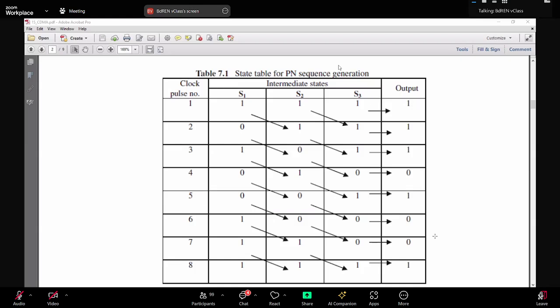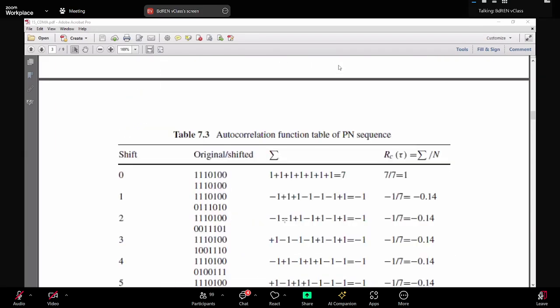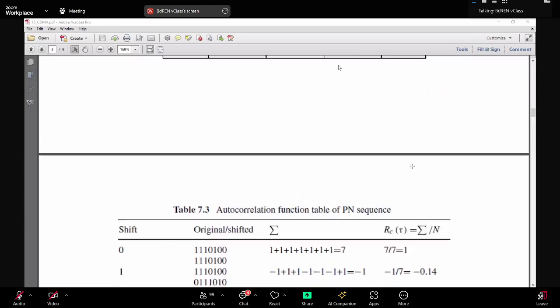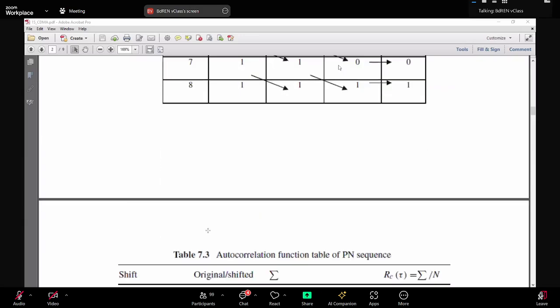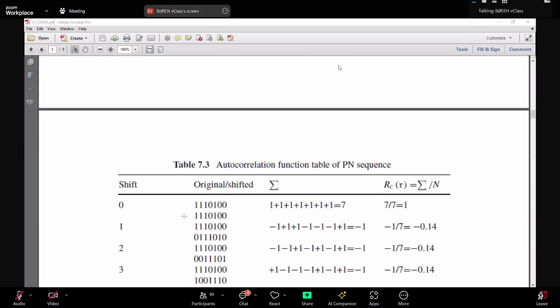Meaning that this sequence 1 1 1 0 1 0 0 will keep repeating after every 7 steps. Or you can say that you will be generating these sequences with 7 bits. As you keep going through the clock pulses, these 7 bits will be generated one after another.